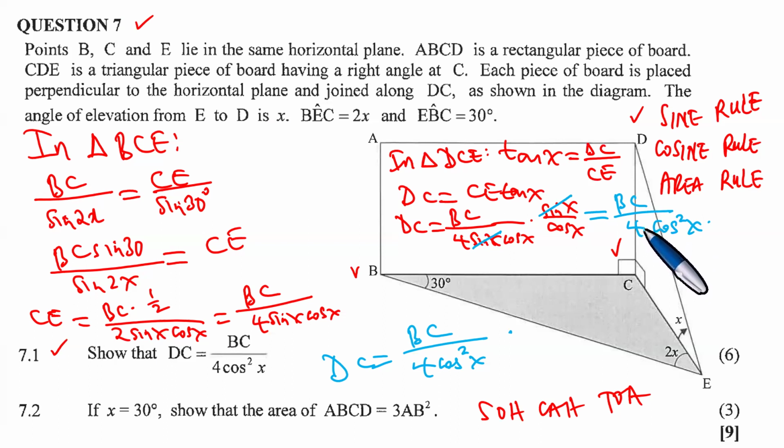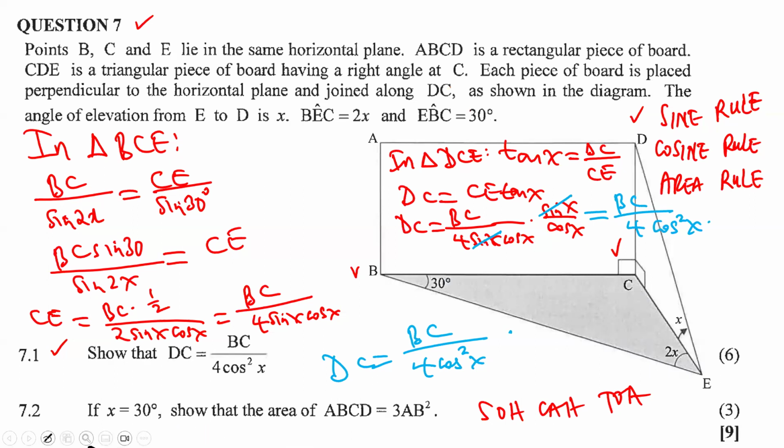Obviously, there are a couple of ways to do that because you already know the DC. And the area of ABCD is actually length by breadth. So it's going to be BC times DC. Right.